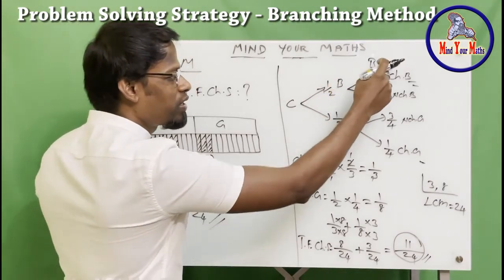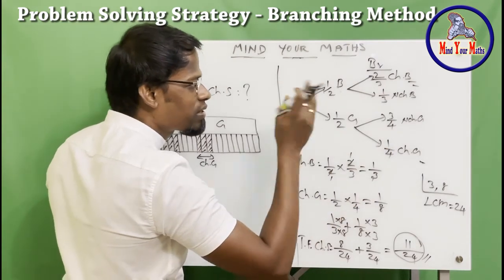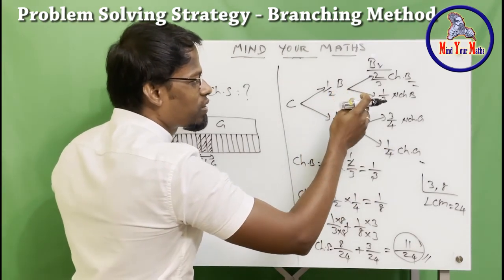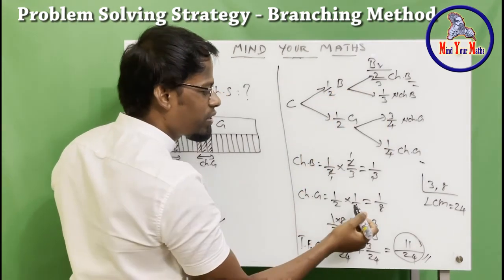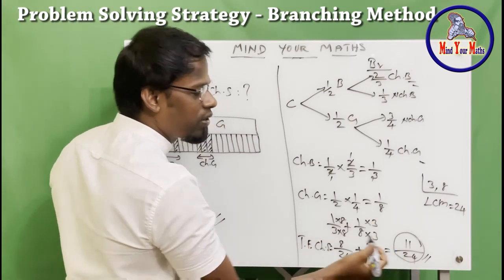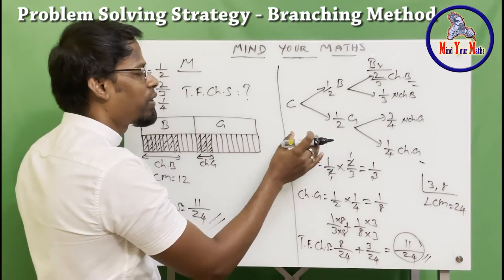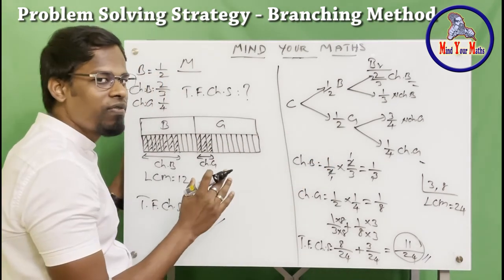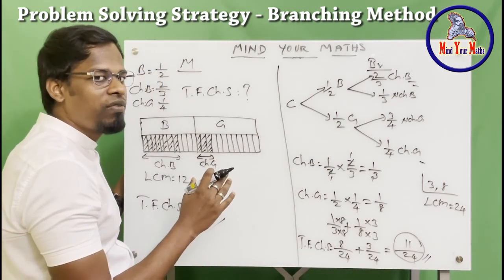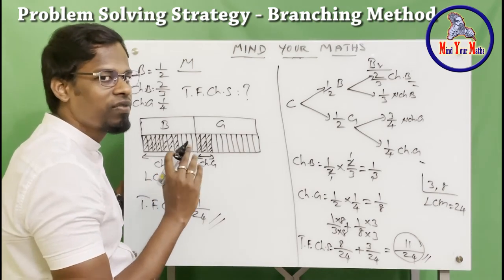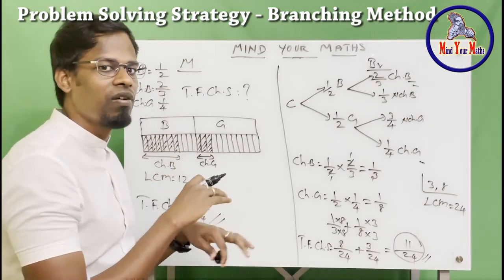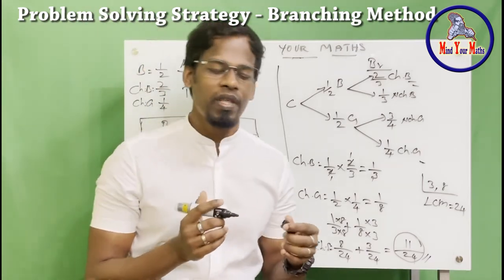You just need to branch it out, and then pay a little more attention so that you will know what exactly you need to find, and then it will be easy for you to finish it. That's why the branching method is better whenever you find the keyword fraction of something in the problem: fraction of a fraction, fraction of a remainder, or anything of that sort.